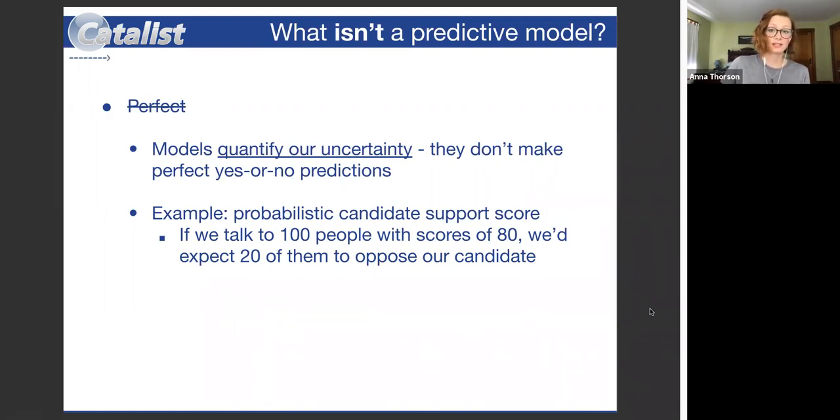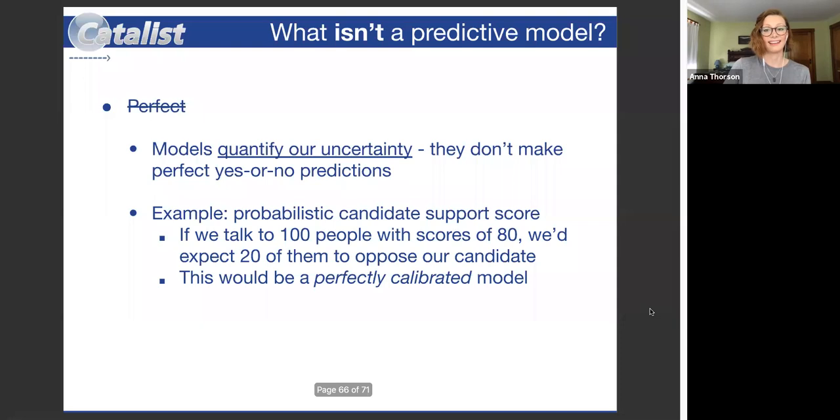So you're not going to be talking to 100% supporters. Even with scores of 80 and higher, you're still going to be talking to people who aren't on the same page as you. And this is a perfectly calibrated model if that's your result. And not every model is perfectly calibrated. So models, they're not perfect.